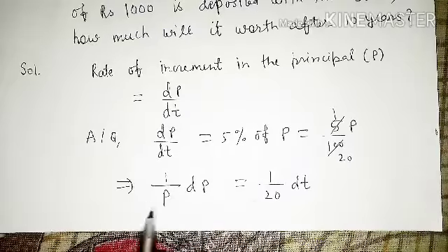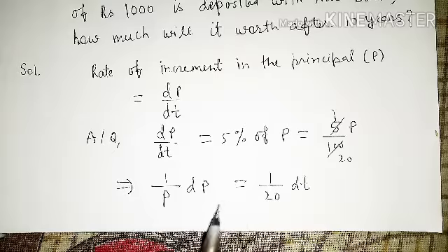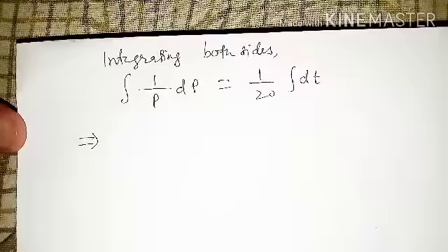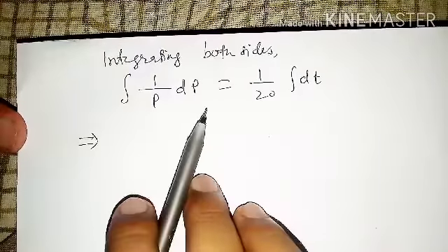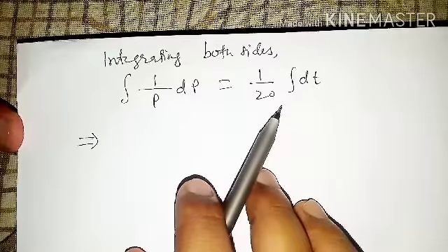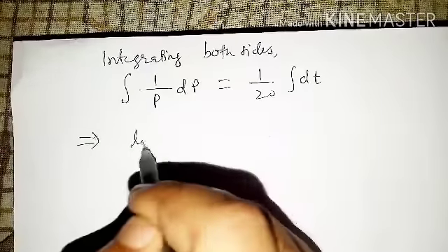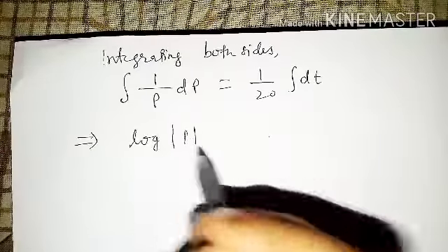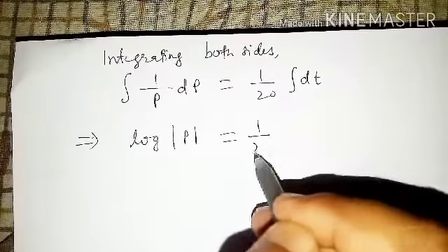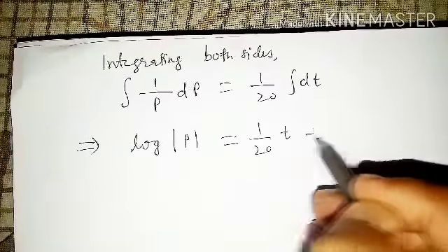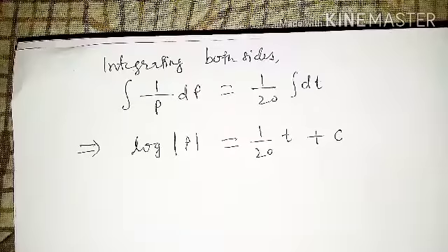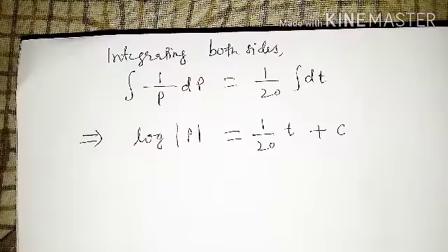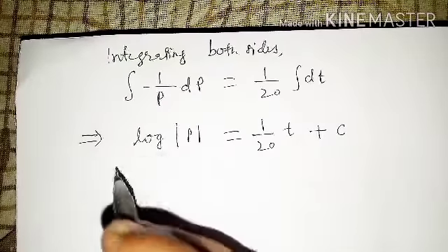Now integrating both sides, integral of 1 by P dp is equal to 1 by 20 integral of dt. This is log mod P is equal to 1 by 20 t plus c. The amount deposited is 1000.